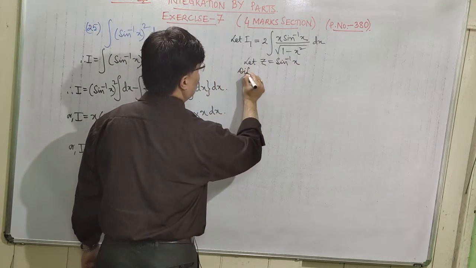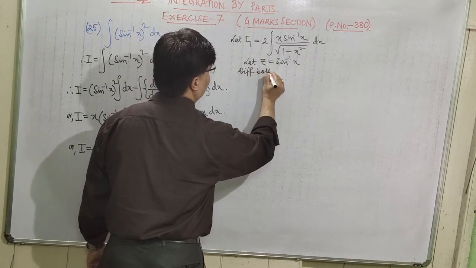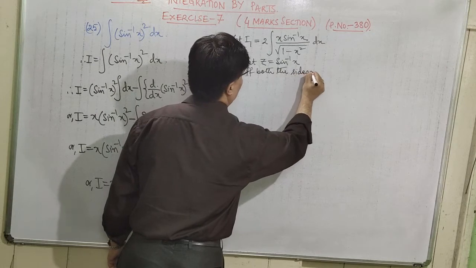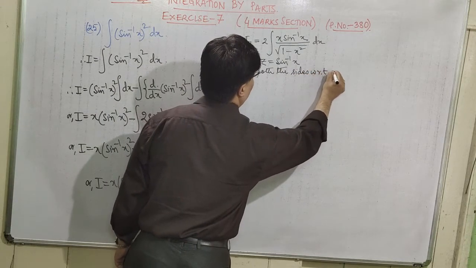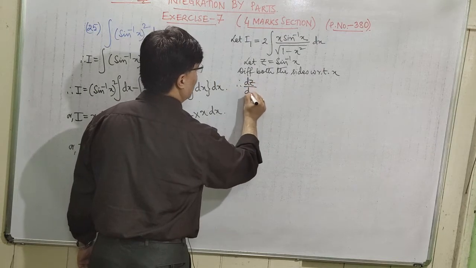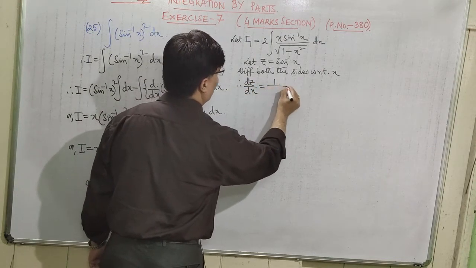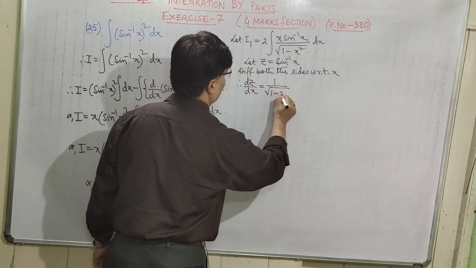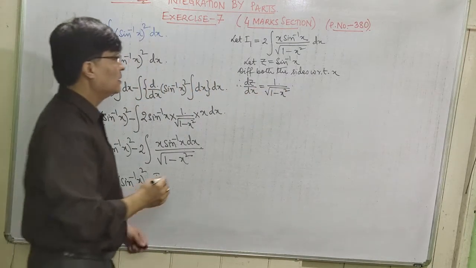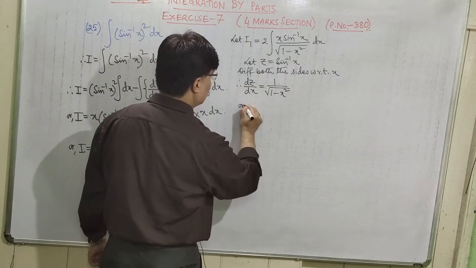So differentiating both the sides with respect to x. So it is dz by dx is equal to 1 upon root over 1 minus x square. Okay, so let us cross multiply by dx here.